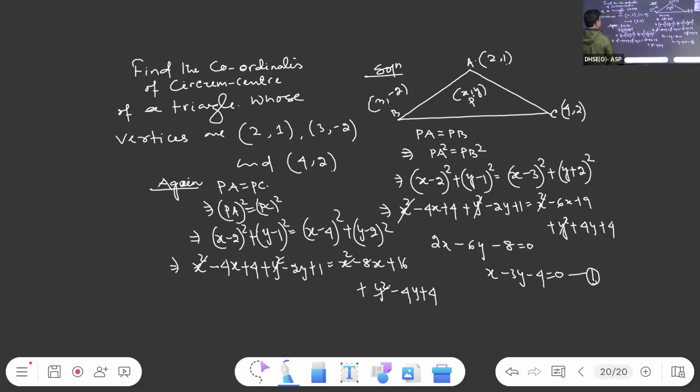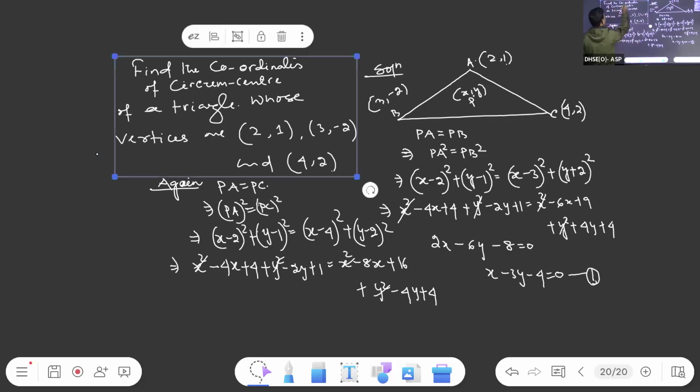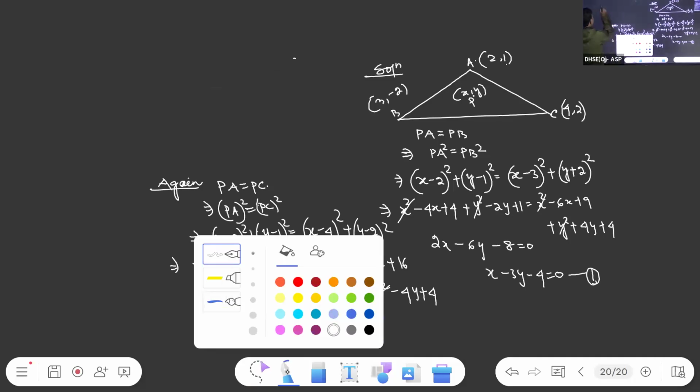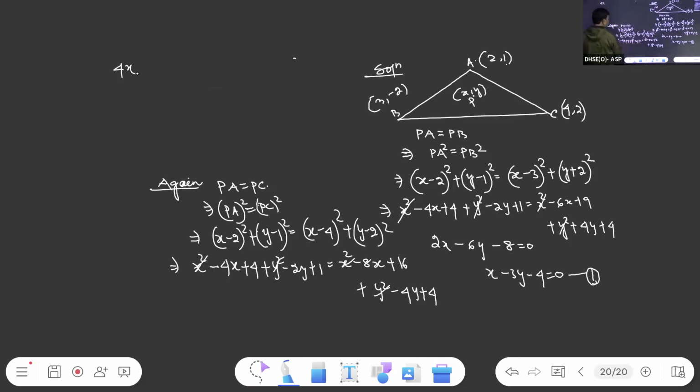Taking all the terms into the left hand side, 4x plus 2y minus 15 is equal to 0. This is equation number 2.